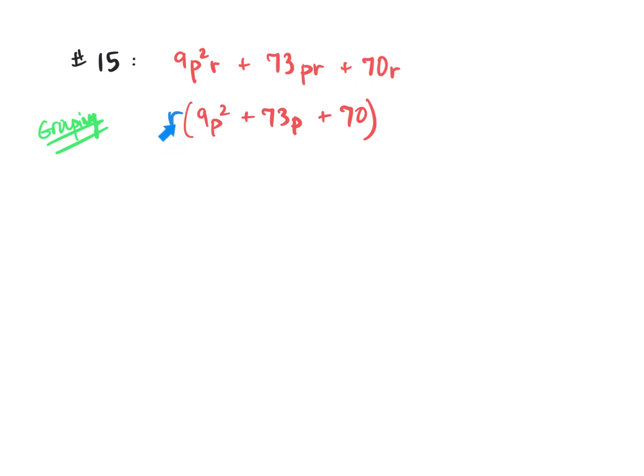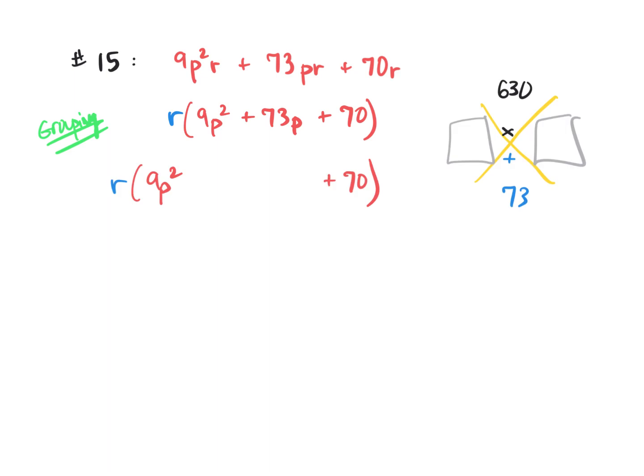Notice that if we went backwards and multiplied r by every term, we would have the problem that we started with. The grouping strategy is going to tell us how to break up this 73p into a combination of two terms of p's which add up to 73p. We start by multiplying the a term, not times the b term, but by the c coefficient.